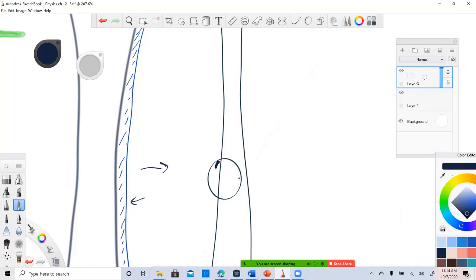The beam is outside over there. I'm just going to fill the whole thing in because I have to.